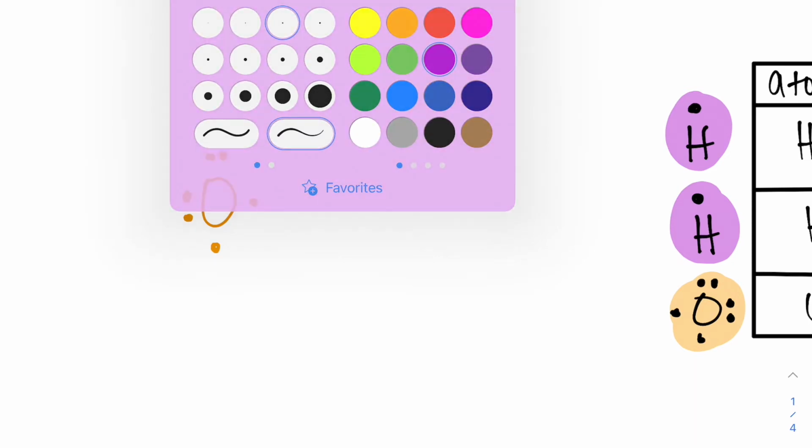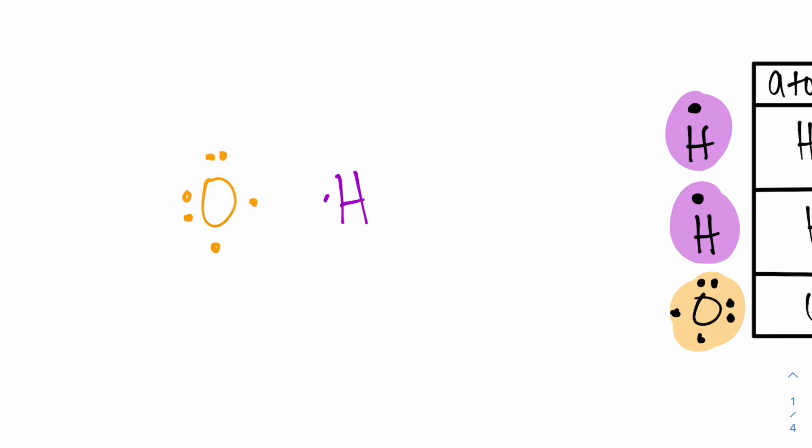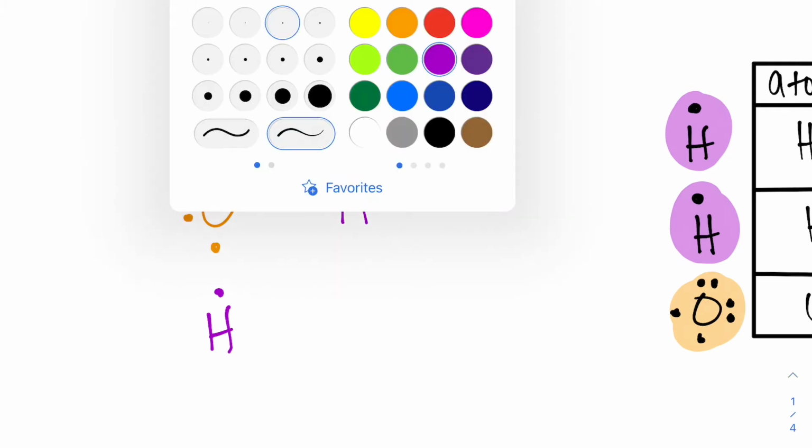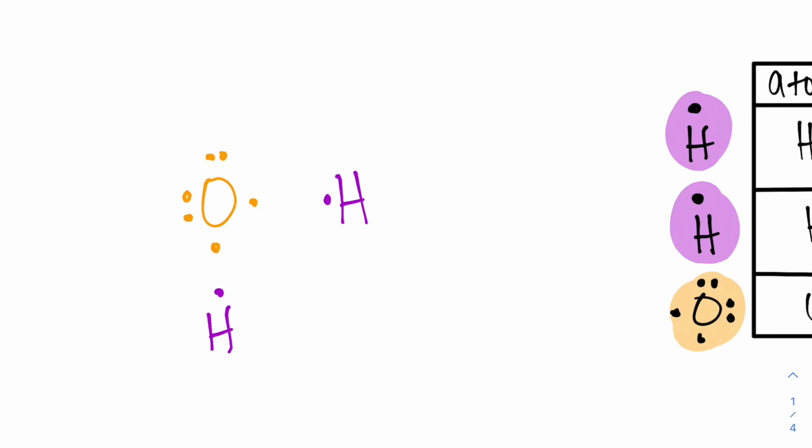And then we have 2 hydrogens, each of which has 1 valence electron. So remember, our hydrogens, they want 2, and our oxygen wants 8. So if we're just looking here, we see that we have an empty space here for oxygen, and an empty space here for hydrogen.